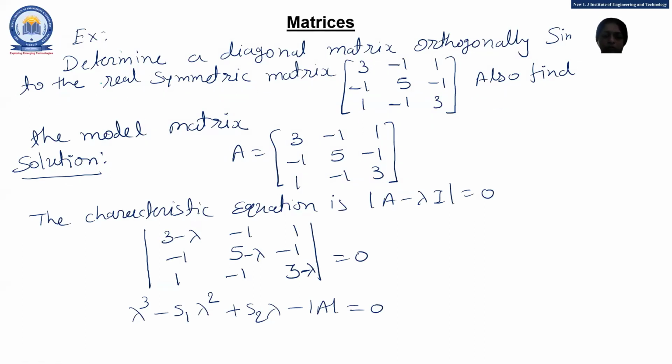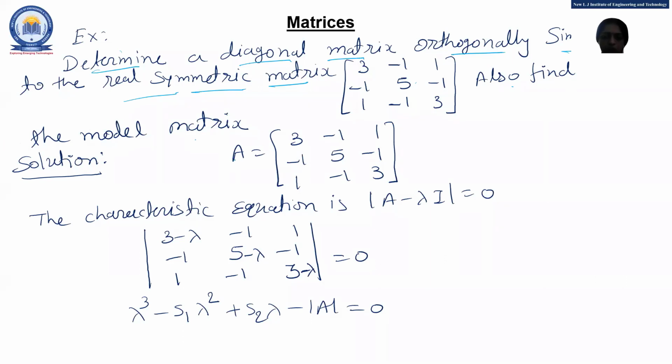This is the topic of diagonalization, but this is a little bit different example. Determine a diagonal matrix orthogonally similar to the real symmetric matrix. Also find the model matrix, right?